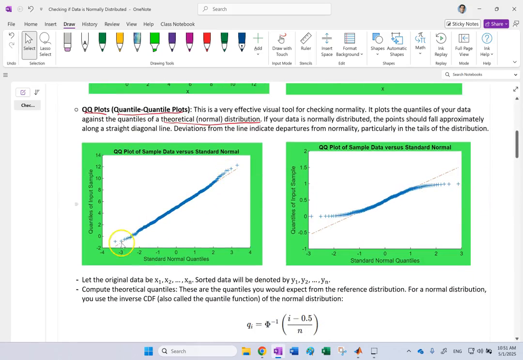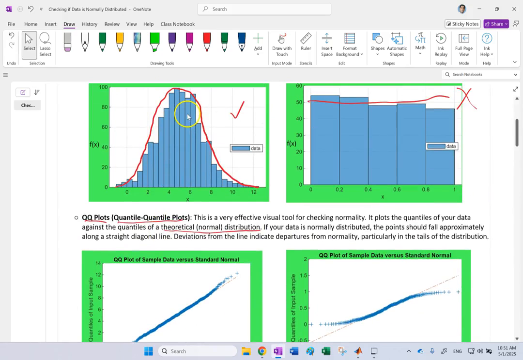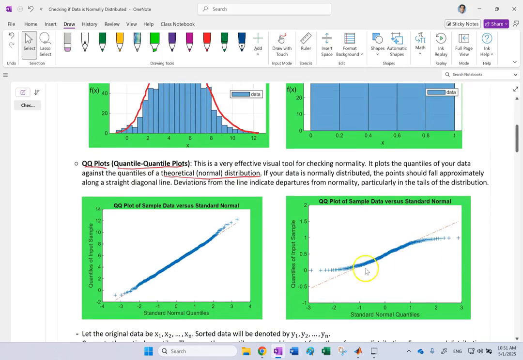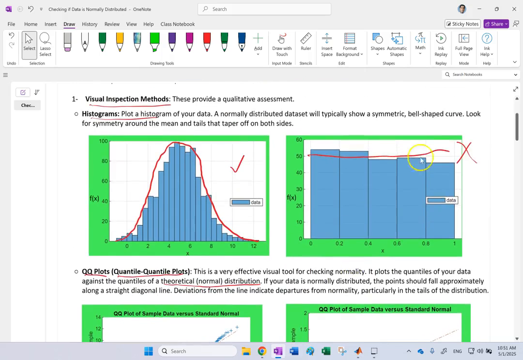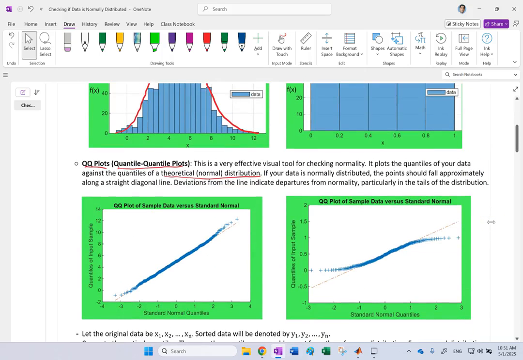So how do you create this plot and how do you interpret this plot? On the left, I have the QQ plot for the data on the top coming from a normal distribution, and on the bottom right, I have it for data from a uniform distribution. The red dash-dotted line is the one from a theoretical normal distribution, and the blue one is from the actual data that I got.